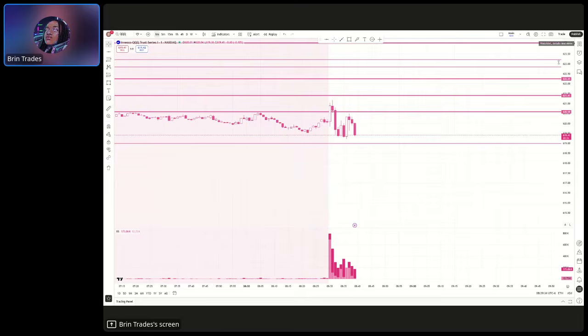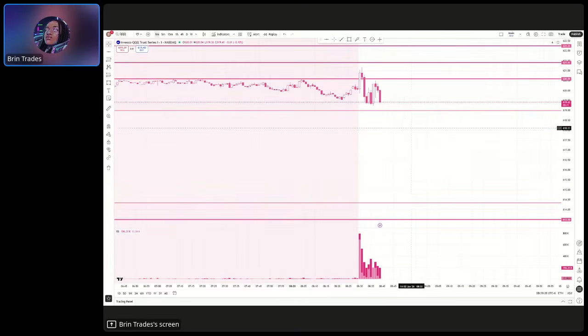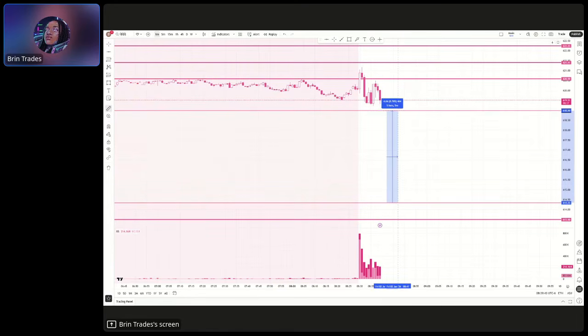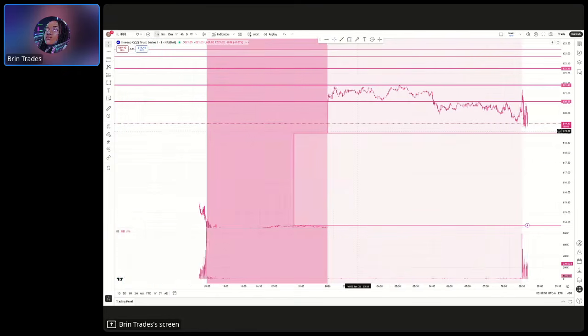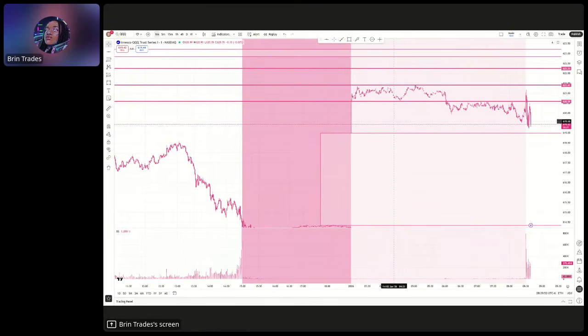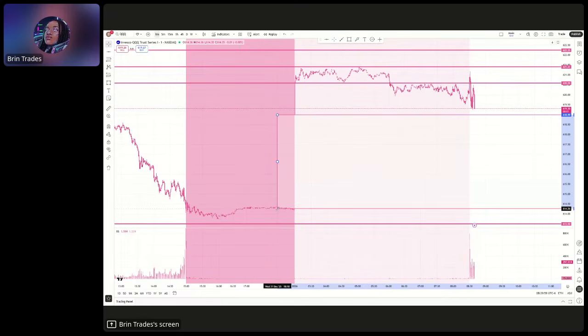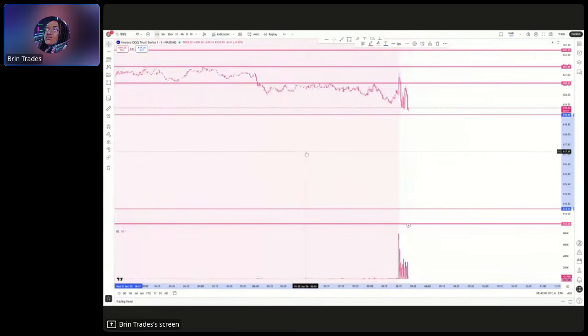So let's see how price is going to react, because we have a whole $4.66 to the downside of that gap. It's beginning to look like a little bit of support.